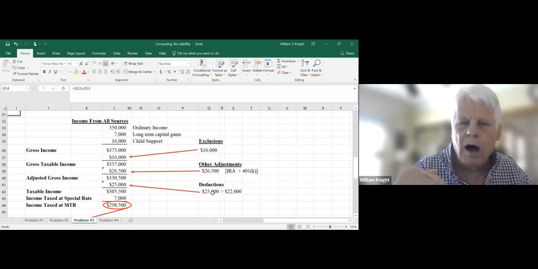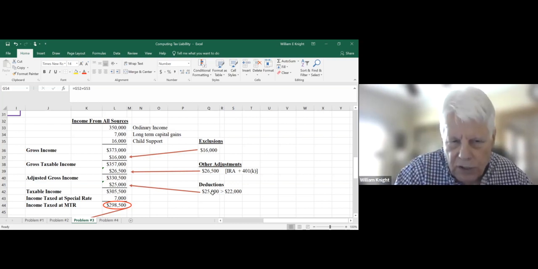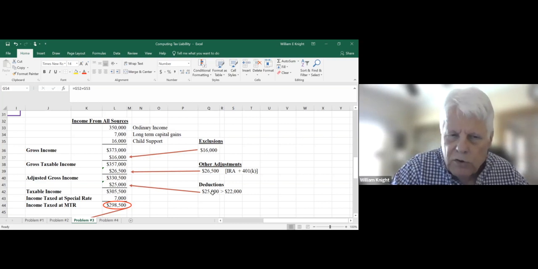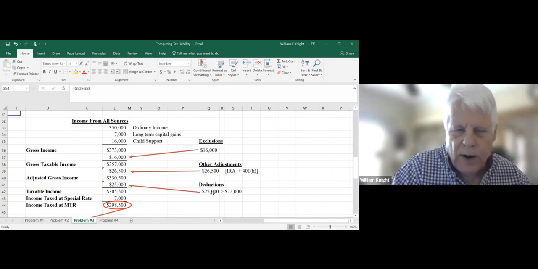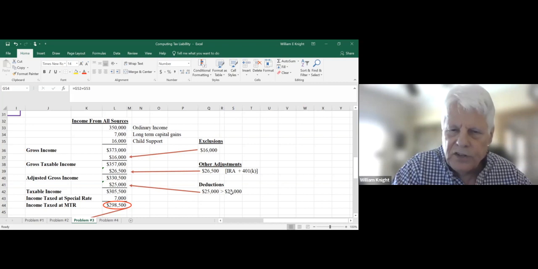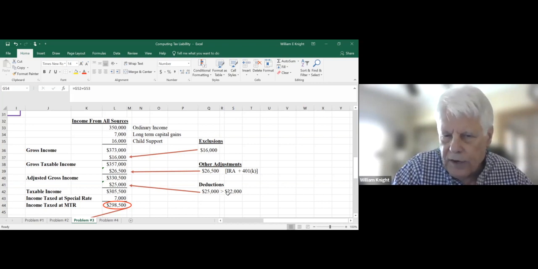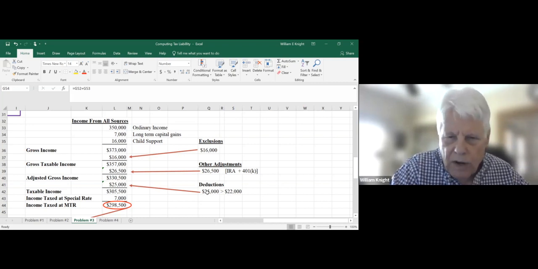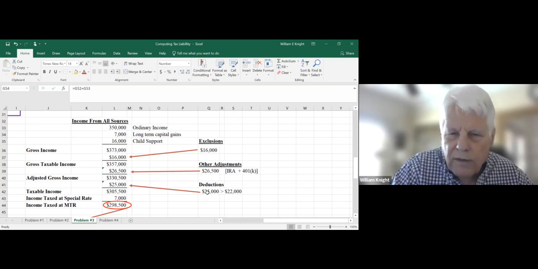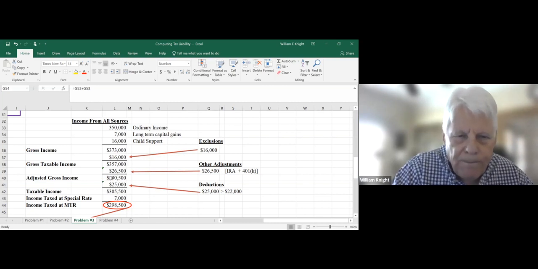That was the sum of his itemized deductions. So we're going to use the itemized deductions in this case rather than the standard deduction, because the standard deduction was only $22,000. His itemized deduction is $25,000, so we will use the higher of the two amounts. So we will deduct $25,000 from the $330,500 adjusted gross income and get $305,500.